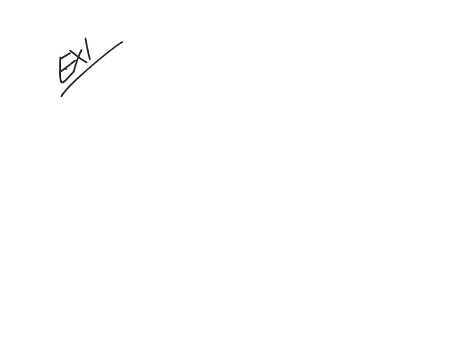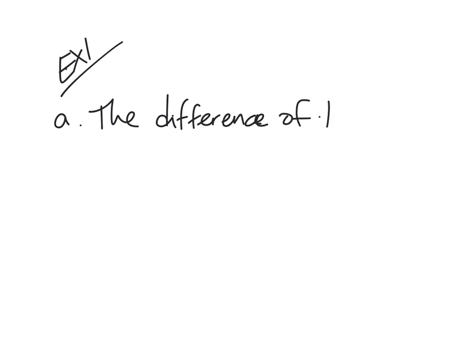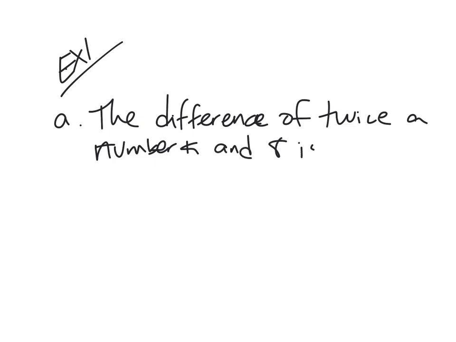They're going to give you a verbal sentence, and they want you to translate it into a mathematical equation or inequality. So for A, the difference of twice a number, K, and 8 is 12. Let's dissect this.